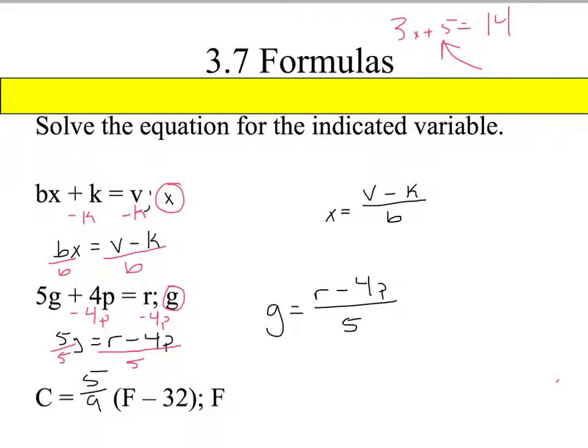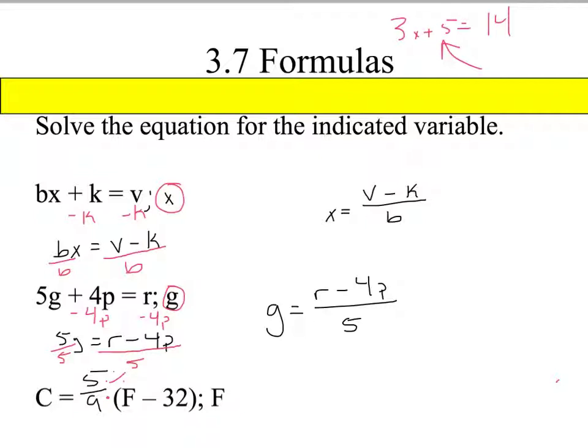The very first thing I want to do is bring this 5/9 over to the left side. So what is happening between the 5/9 and the expression of F minus 32? It's being multiplied. So what does that mean? I need to divide by 5/9.